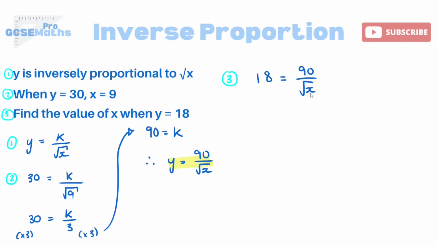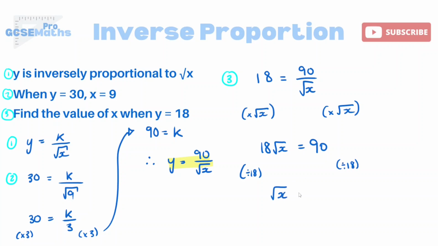In that case, again, I'm going to move the x across, but as it is, it's root x, isn't it? That's fine. I'm just going to times by the square root of x. So I get 18 square root x equals 90. I'm then going to divide by 18, so I'm kind of swapping the root x and the 18, basically. So root x equals, and then that should be 5.